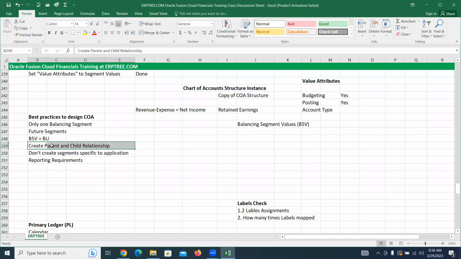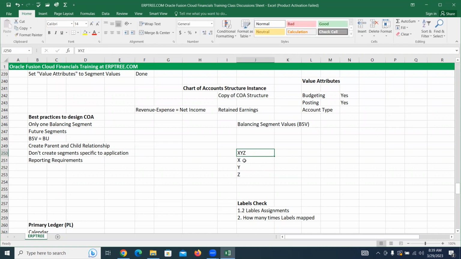Your company only is the balancing segment. Say your company is XYZ. It has subsidiaries like X, Y, and G. Okay, this is your parent.